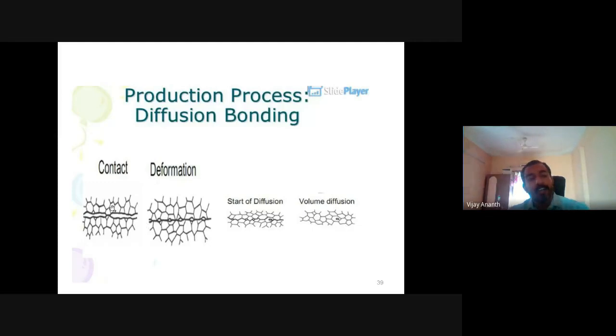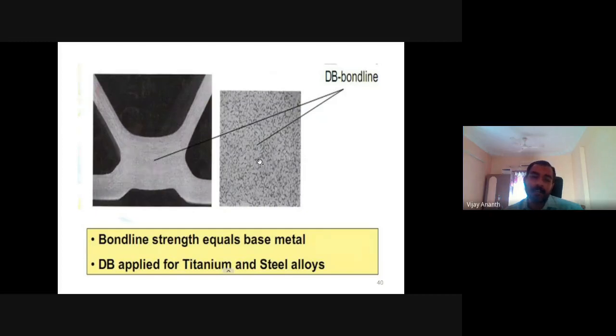So in the normal condition, while we are applying the pressure, the diffusion takes place. The atoms are exchanged between the materials. Due to that, this forming and diffusion take place. So these things happen in plastic forming in a single process.